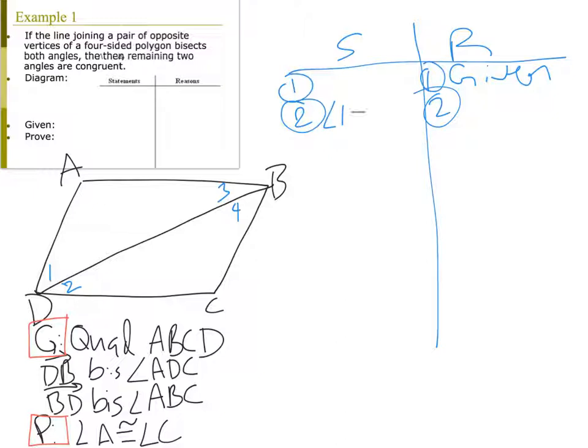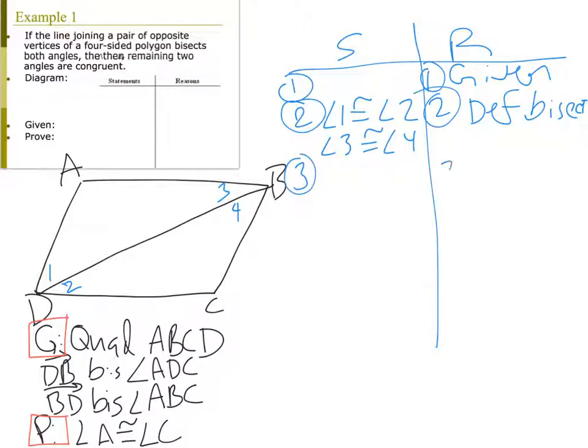Angle 1 is congruent to angle 2. Angle 3 is congruent to angle 4 by the definition of bisect. And even though I'm running out of room, there we go, it works. Even though there are different angles that are being bisected, I can still use this in the same step because one getting bisected has no bearing on the other one getting bisected, okay?